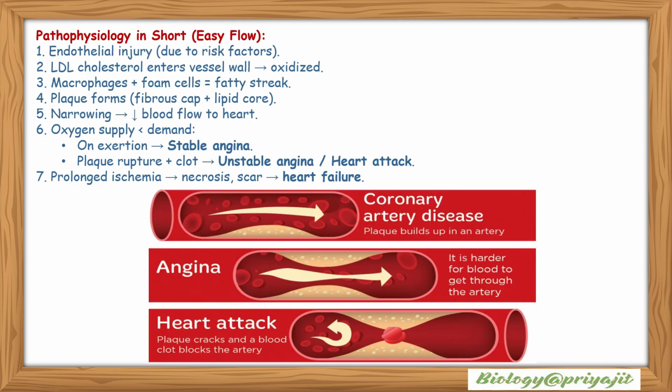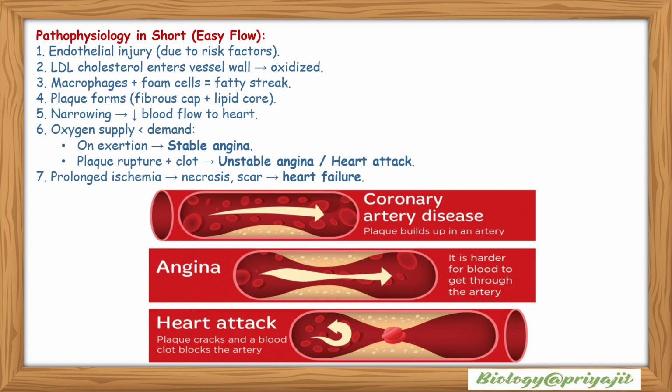Pathophysiology, in short, an easy flow. Endothelial injury due to risk factors, LDL cholesterol then enters the vessel wall and gets oxidized, then macrophages and foam cells form the fatty streak, and a plaque forms with the help of a fibrous cap and lipid core.